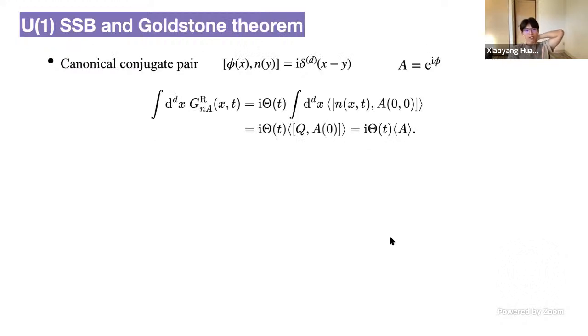Okay, so after talking about the EFT perspective, there's also a perspective from the so-called Goldstone theorem. Given the fact that the phi field and charge density are a canonical conjugate pair, you can calculate the retarded Green's function using these two variables. Because of the condition that there is SSB, this term would not vanish.